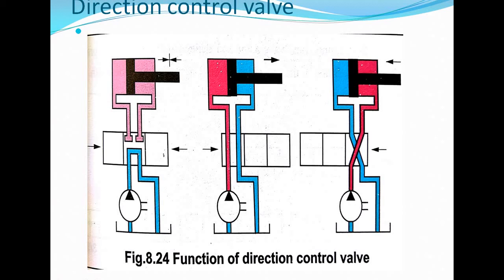In this direction control valve we have three positions, first, second and third, and four ports. You can see here the four ports, first, second, third, fourth.